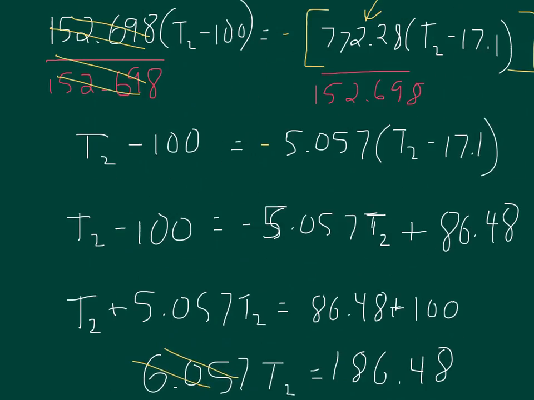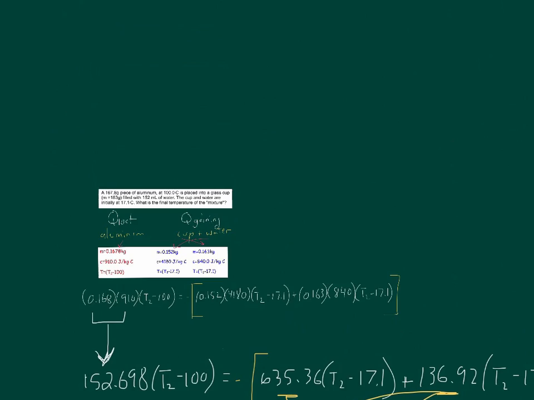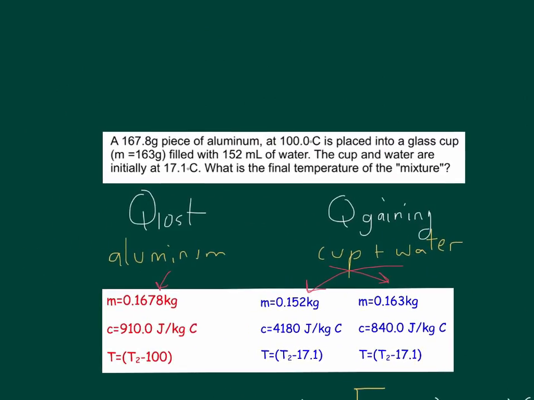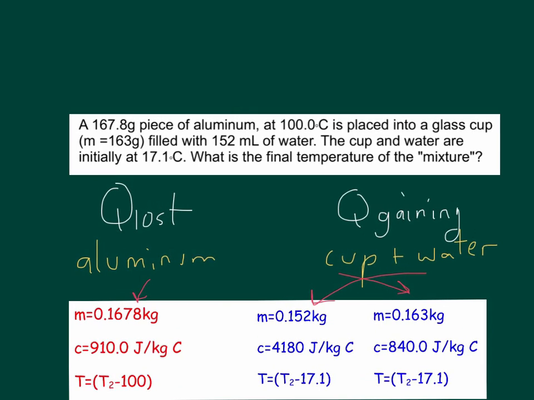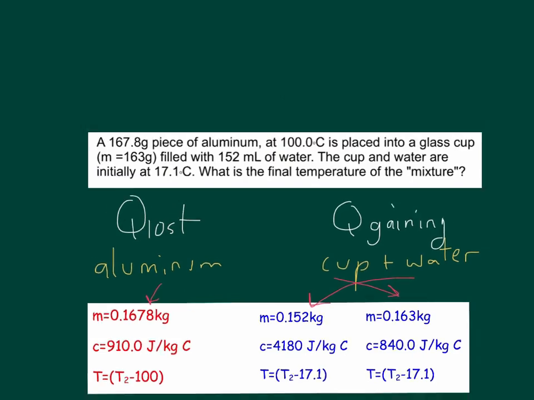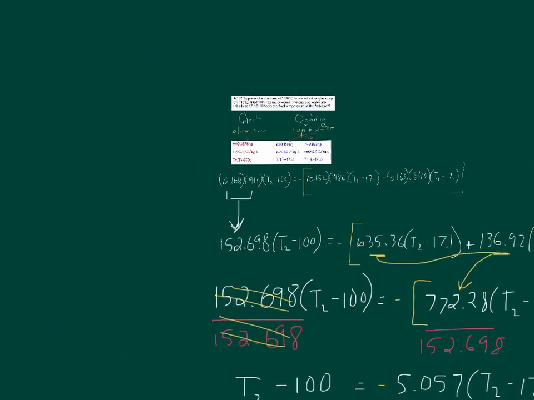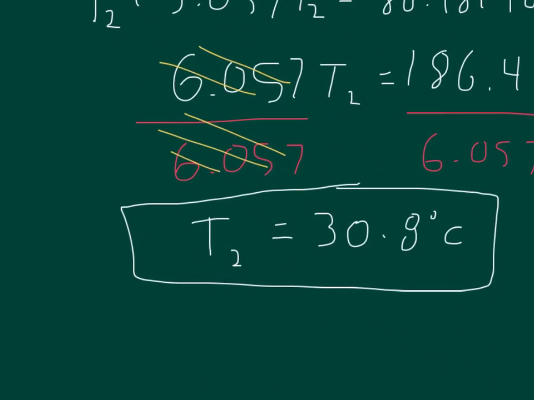And if we go back up to the original question, we've got our piece of aluminum, which is placed into a cup, which is filled with water. When they've reached equilibrium, all three things will be at our final temperature of 30.8 degrees.